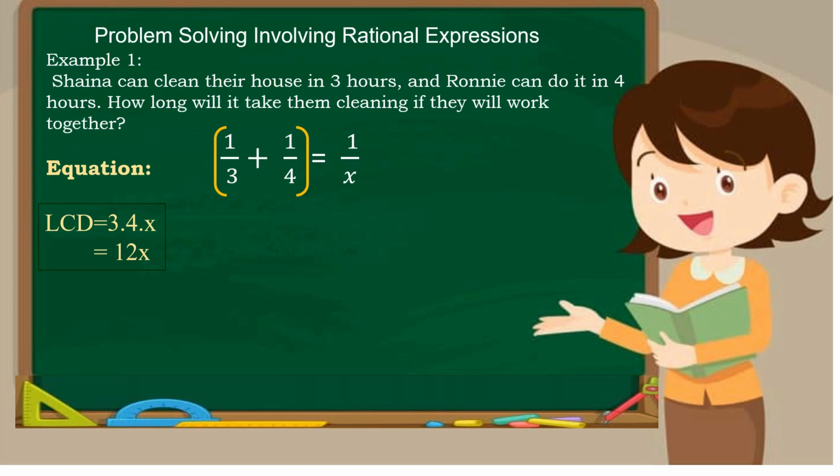Okay? Now, since nagsosolve tayo dito ng equation, ang gamit nitong LCD ay i-multiply lang natin dito sa bawat terms. Sa left hand side of the equation tsaka sa right hand side. Okay, i-multiply natin.